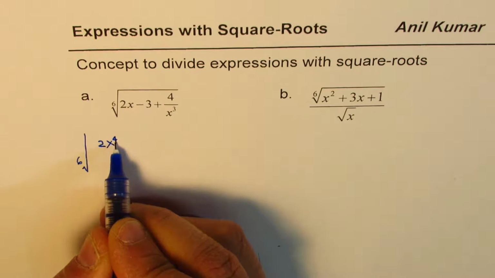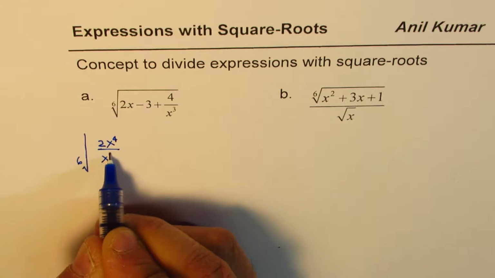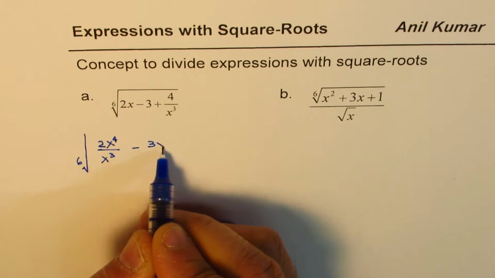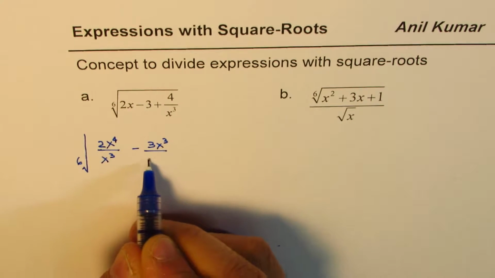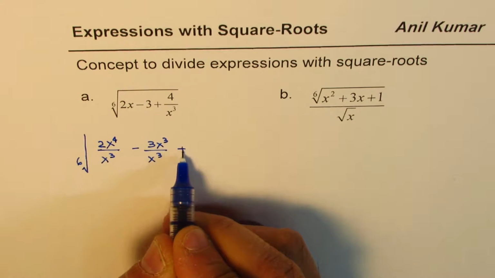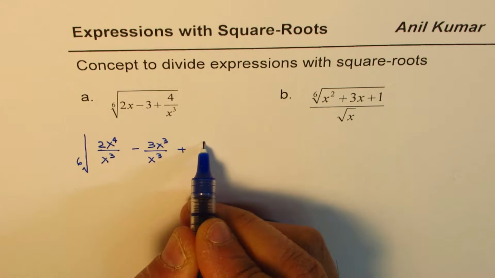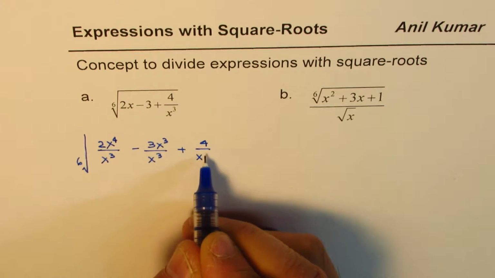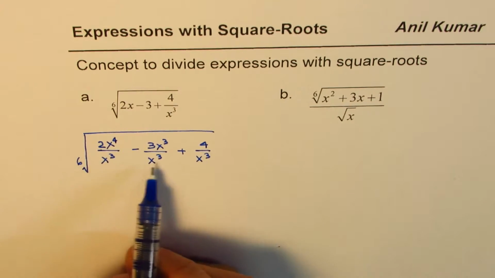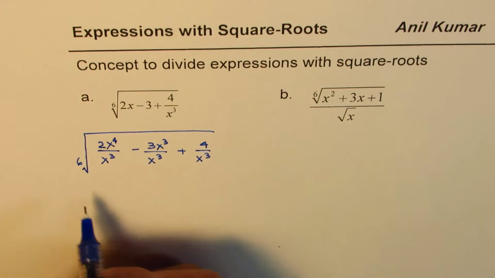So it becomes x to the power of 4 over x cubed, and this will become minus 3x cubed over x cubed. I just multiply and divide by x cubed in this case. And here I already have x cubed in my denominator, so that is fine. So in this step, we made x cubed a common denominator.